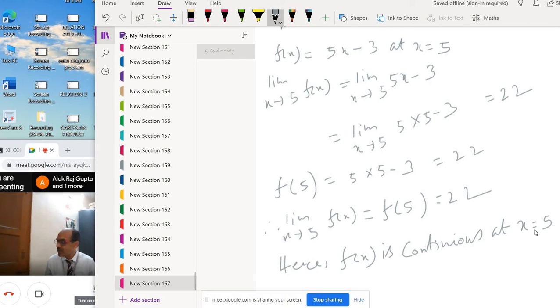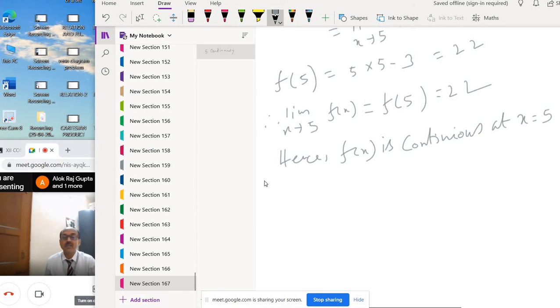See question number 3. Question number 3 is all polynomial functions. Examine the following functions for continuity. The first one, 3a, is f(x) equal to x minus 5.